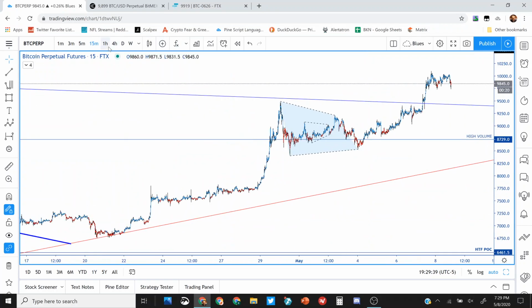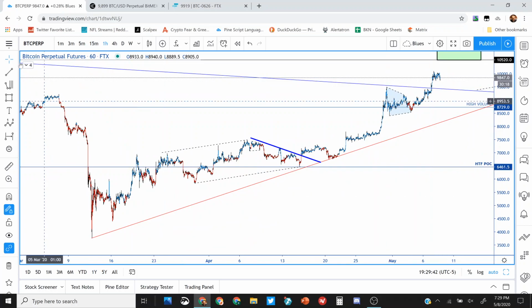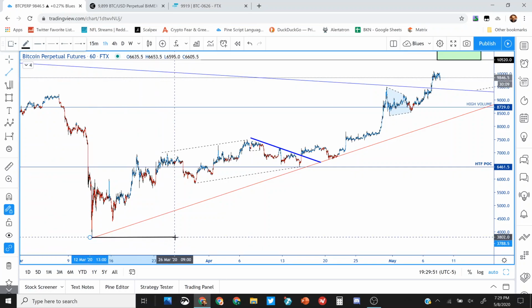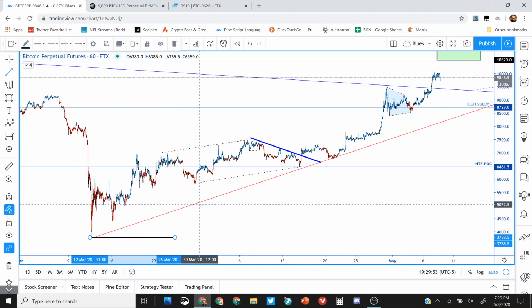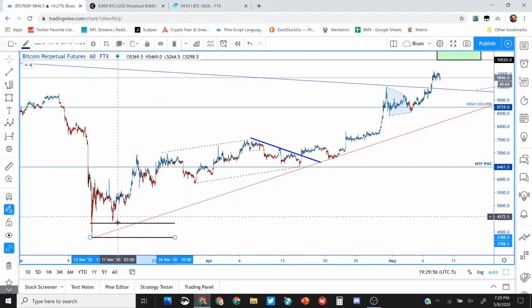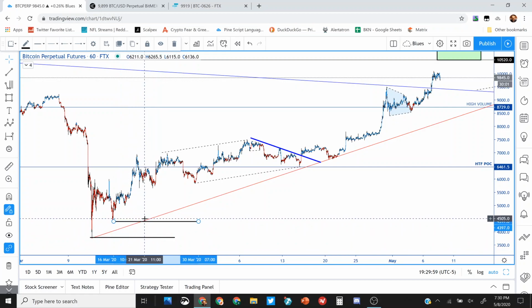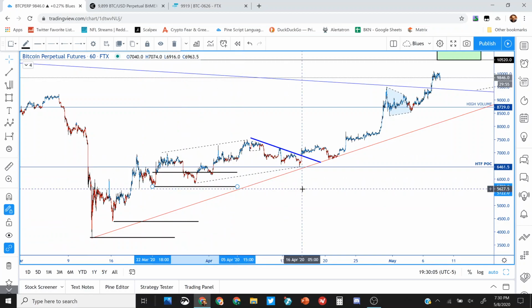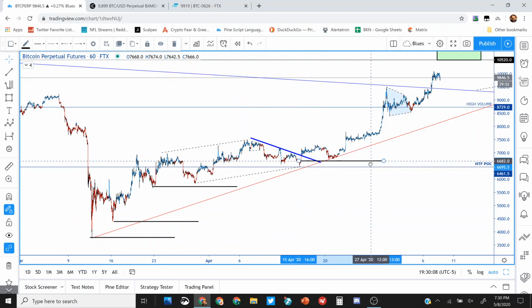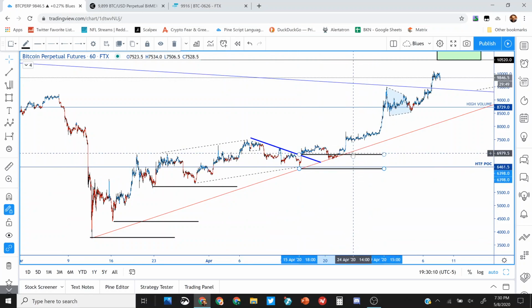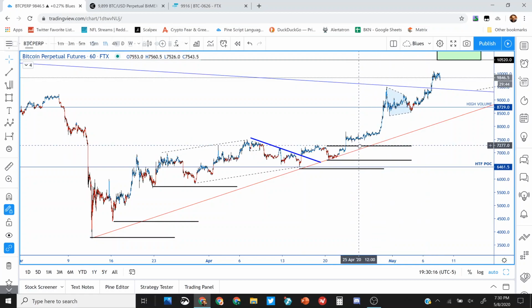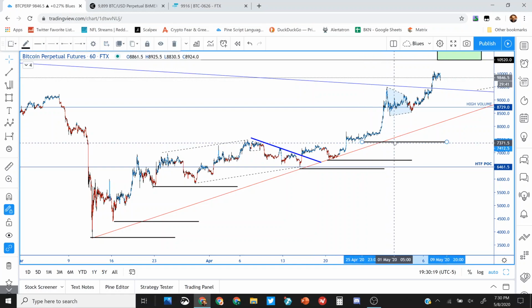We have the same thing on a higher degree, where our initial low is down here. We've got a higher low, higher low, higher low, higher low, higher low.